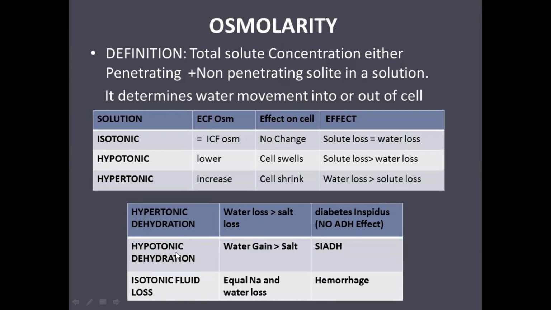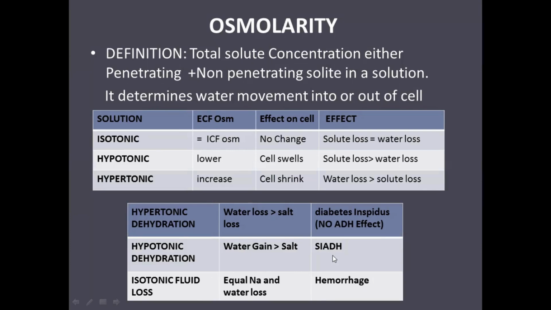Next, moving towards the condition of the hypotonic. Same, both are cases of dehydration. However, how does hypotonic occur? There is syndrome of inappropriate ADH. In that condition, your body is secreting an excessive amount of ADH. What will ADH do?